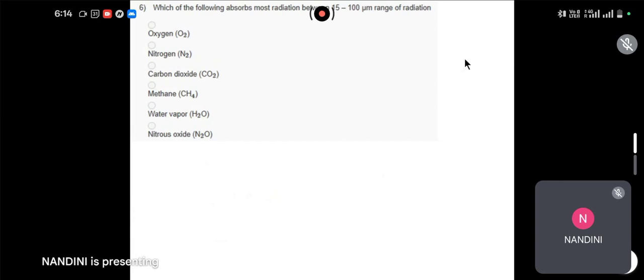Each molecule has its own characteristic frequency of vibration. Generally, isolated molecules need photons or electromagnetic radiation of the exact frequency of vibration for absorption to occur. So it will have a single frequency value.